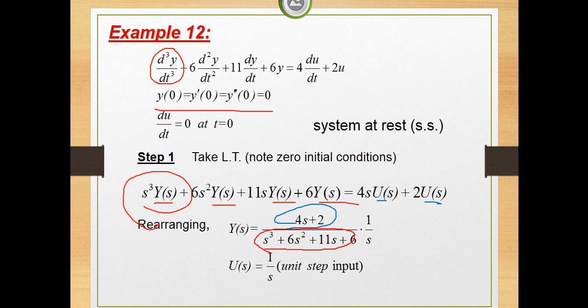So this one resulted from the factorization of y of s from this side, and this one resulted from the factorization of u of s here. So that would be 4s plus 1.